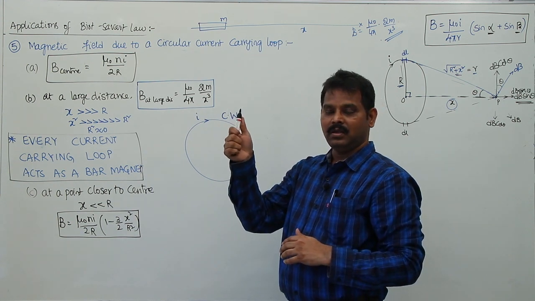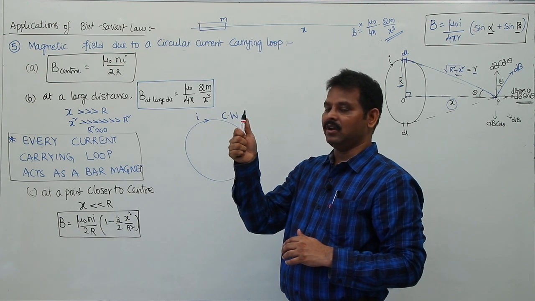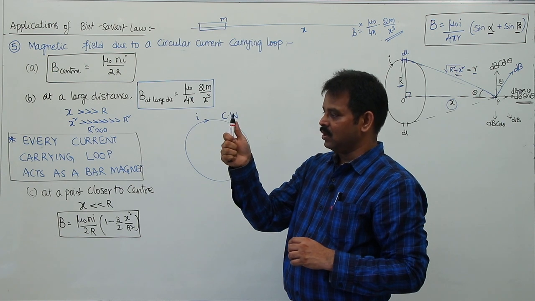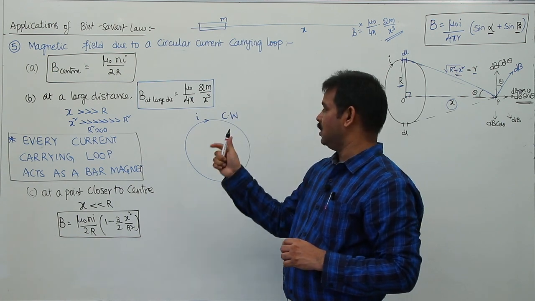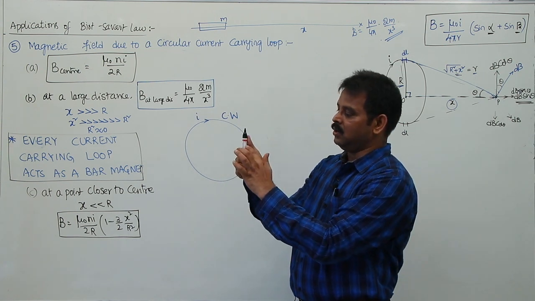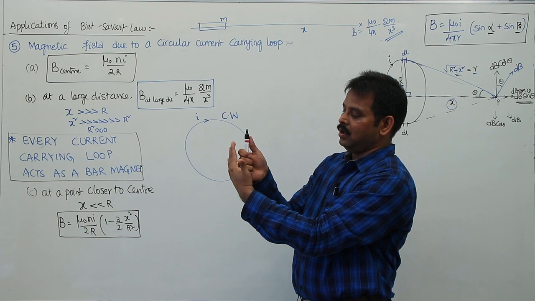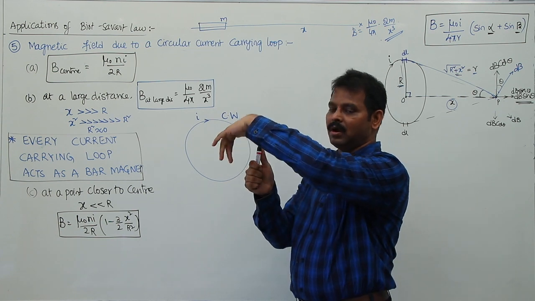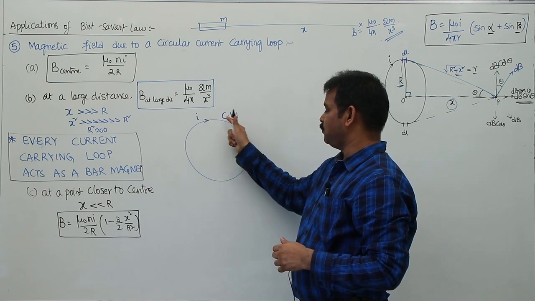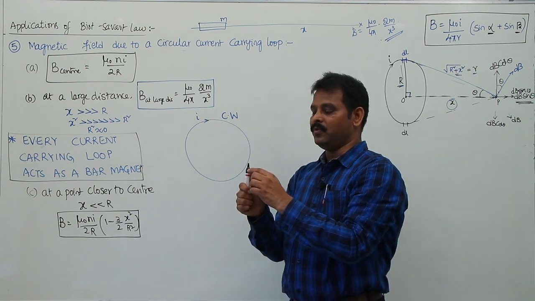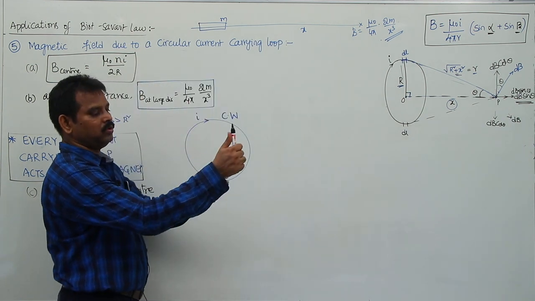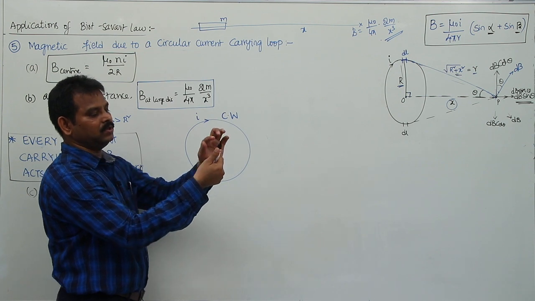This is the rule for a straight current carrying conductor, but the same rule can also be applied for a circular current carrying coil. The only difference is that for a straight conductor the magnetic field is circular around the current, but if the current is flowing in a circular path, the magnetic field will be straight along a line.